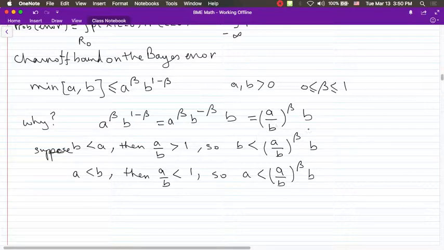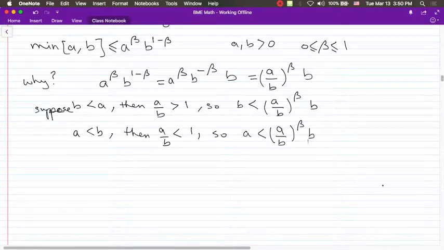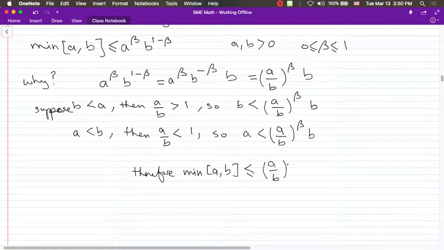So in general, this is true. So the minimum of A and B is less than or equal to A over B to the power beta times B, which means that this is less than or equal to A to the beta B to the 1 minus beta.